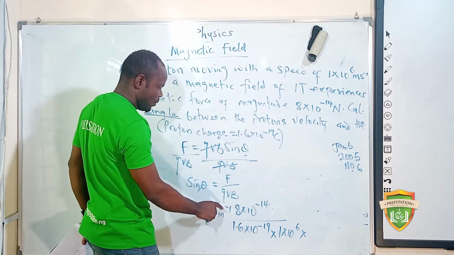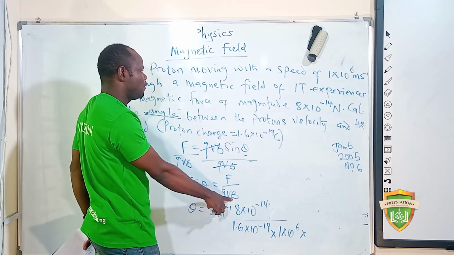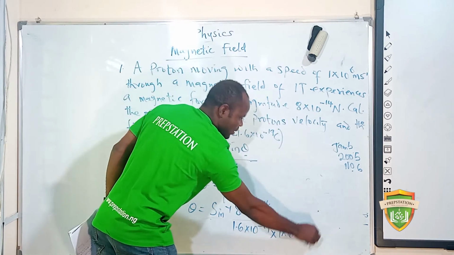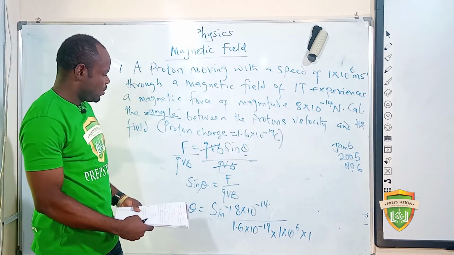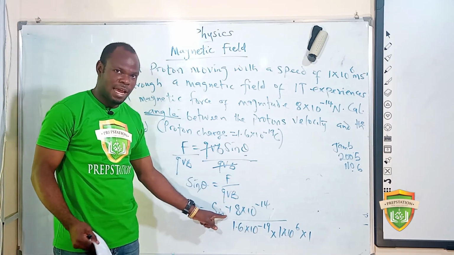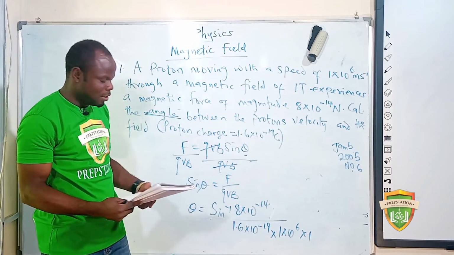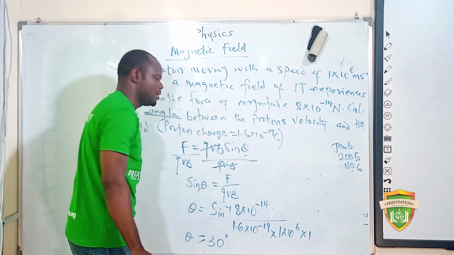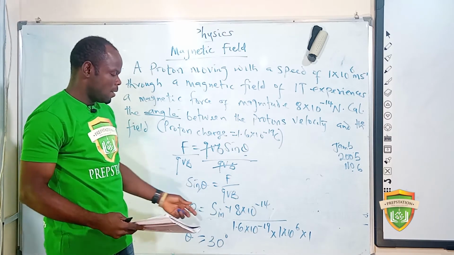Then the next information is your magnetic field, which is the 1 Tesla. You multiply by 1. You just divide this by this, then find the sine inverse with your calculator, and then you arrive at 30 degrees. Your theta is 30 degrees.